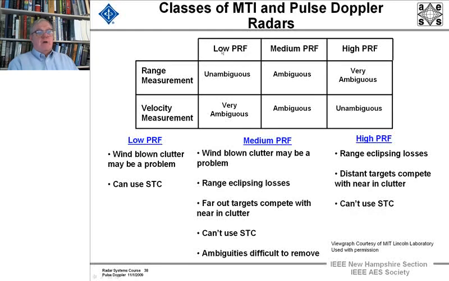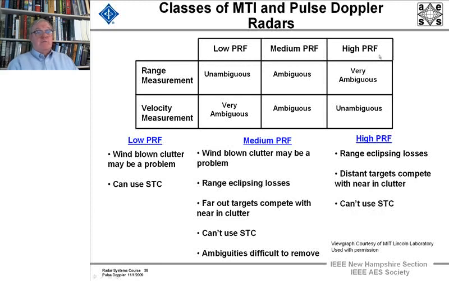And in the community we classify radars into low PRF, medium PRF, and high PRF by these characteristics. Airport surveillance radar is unambiguous in range and very ambiguous in radial velocity, as you remember, and that would be categorized as a low PRF radar.